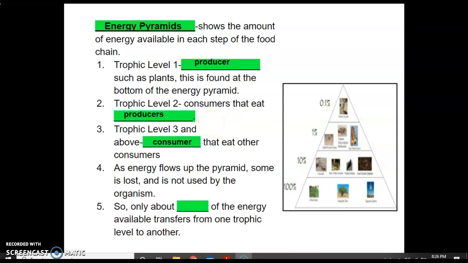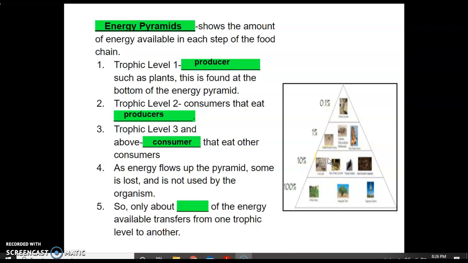Next is trophic level 3, and we've got the answer there for you. So at trophic level 3 and above, consumers that eat other consumers. And number 4, there's no blank there. As energy flows up the pyramid going this direction, some is lost. Matter of fact, quite a bit of it's lost. Only 10% makes it from this level to this level.